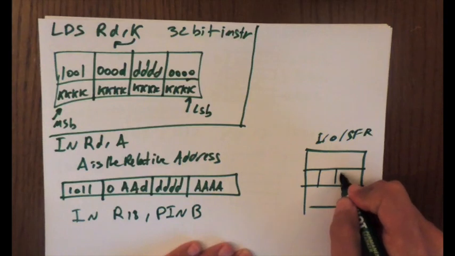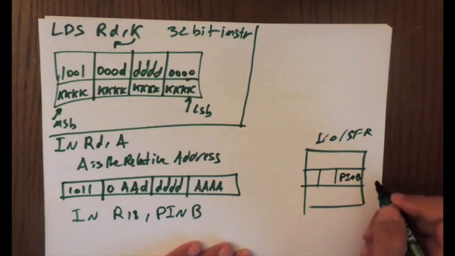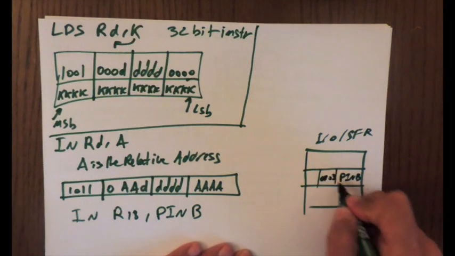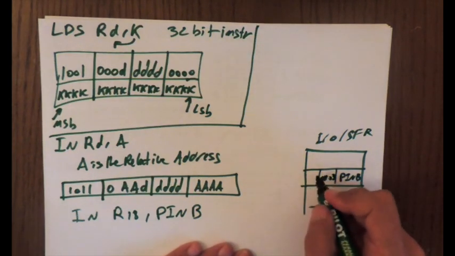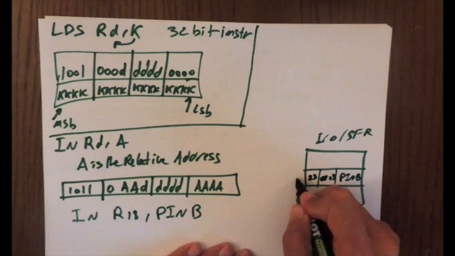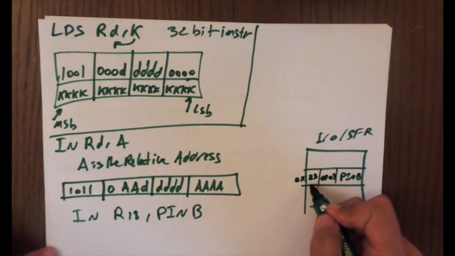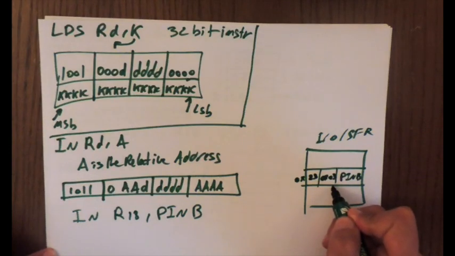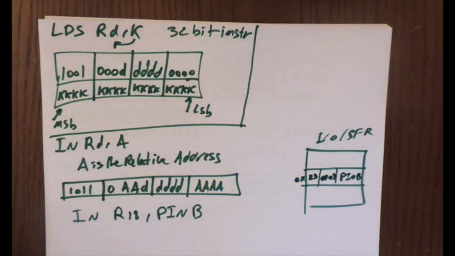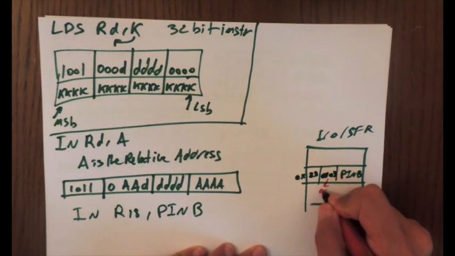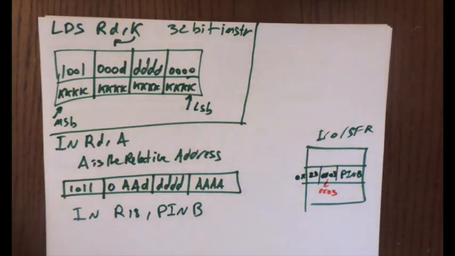This is PINB, and it has 03, and the address is here 23, 0x23. So actually the real address is 0x23, the relative address is 0x03. Let me write it in a more clear way. So this is 0x03.